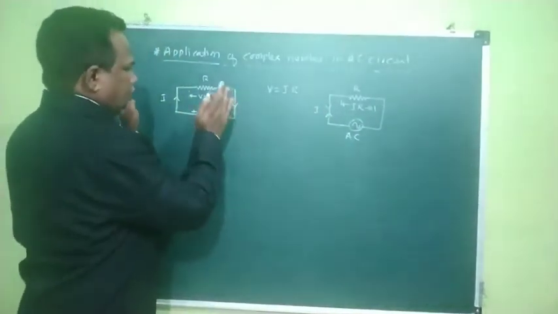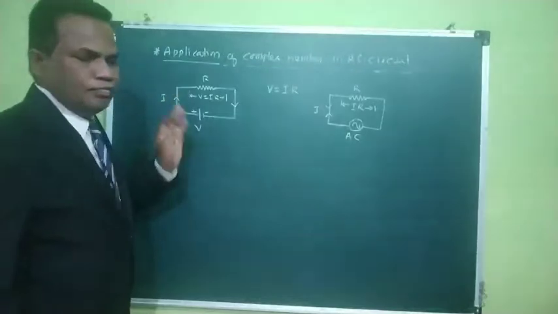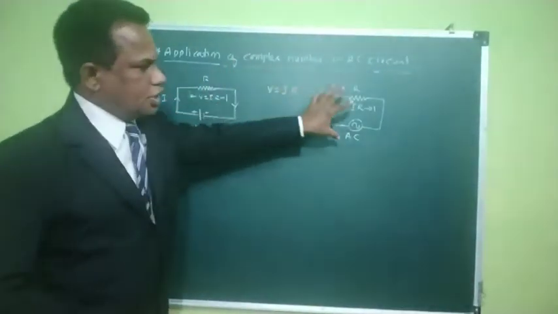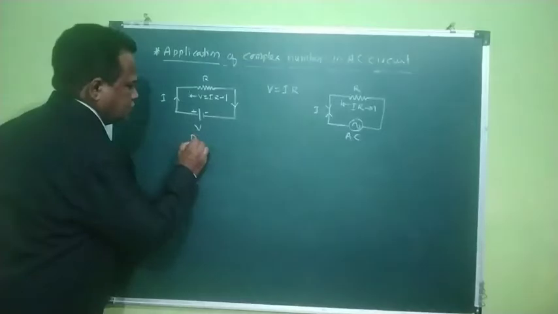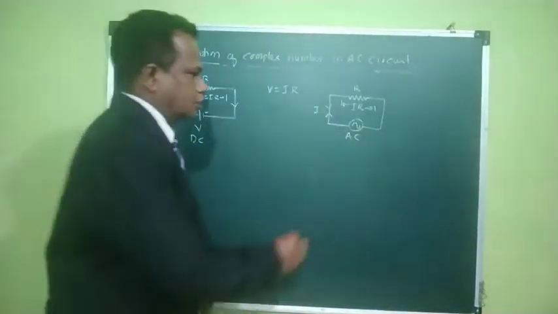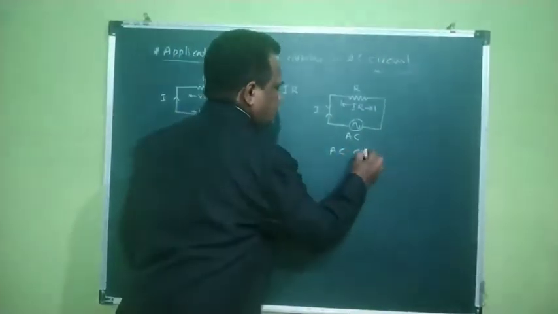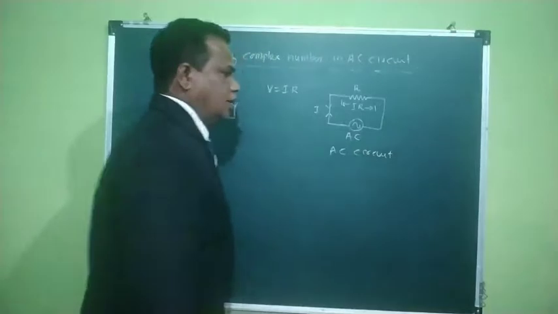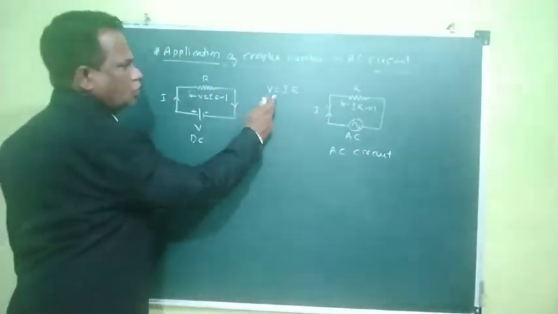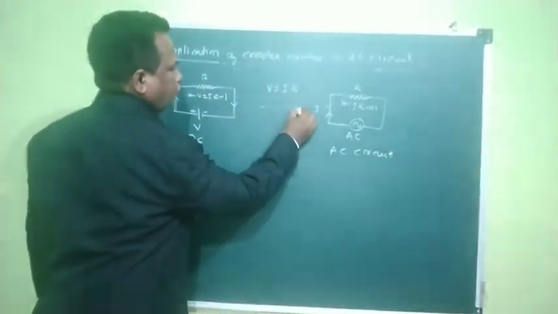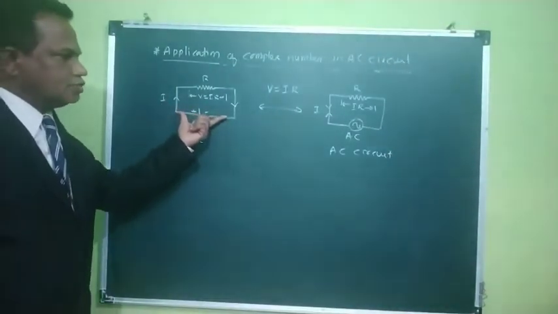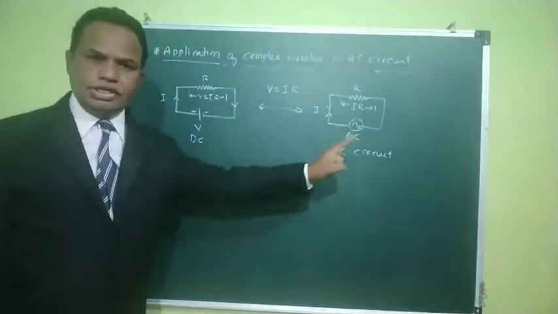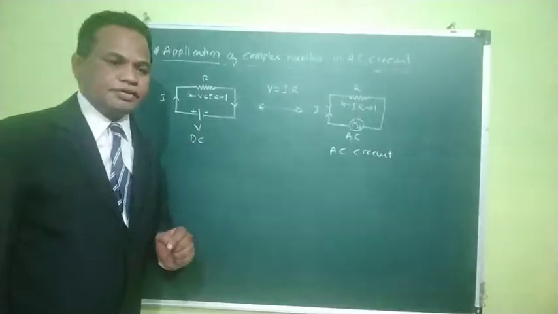That means you can apply the same rule, Ohm's law, to this circuit as well as to this circuit. This is a DC circuit, this is an AC circuit. Similarly, Ohm's law is applicable to both: the pure DC resistive circuit and the AC resistive circuit.